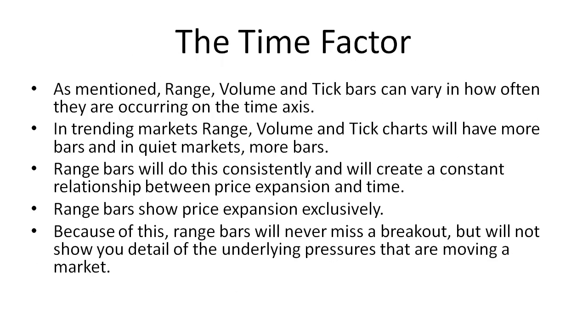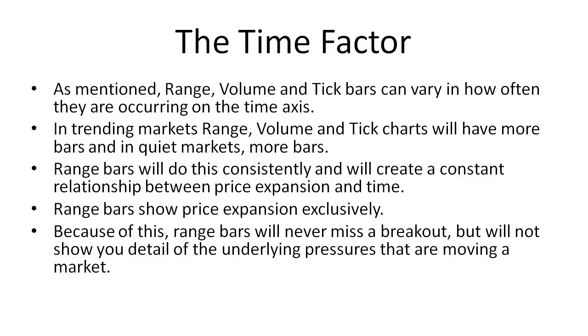The time factor. As mentioned, range and volume and tick bars can vary in how often they're occurring on the time axis. In trending markets, range, volume, and tick bars will have fewer bars in quiet markets and more bars in moving markets.